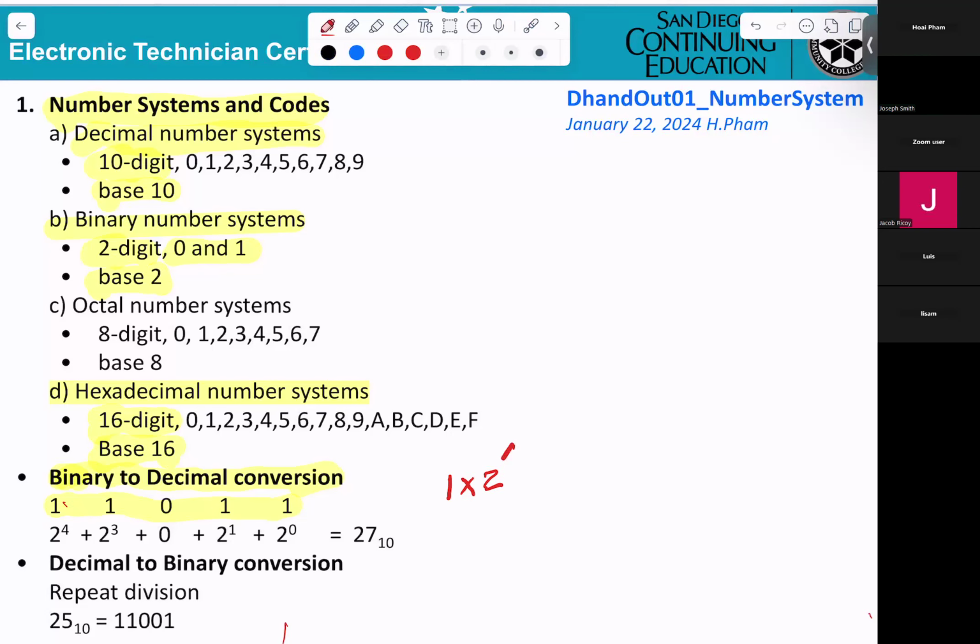Okay, so it has to be power of 4. And you add to the next one, 1, 2 power of 3.